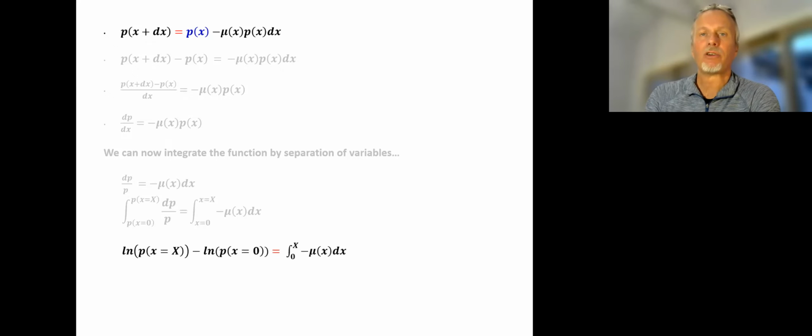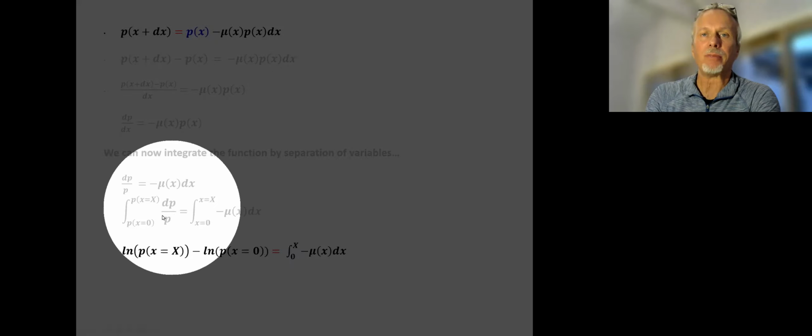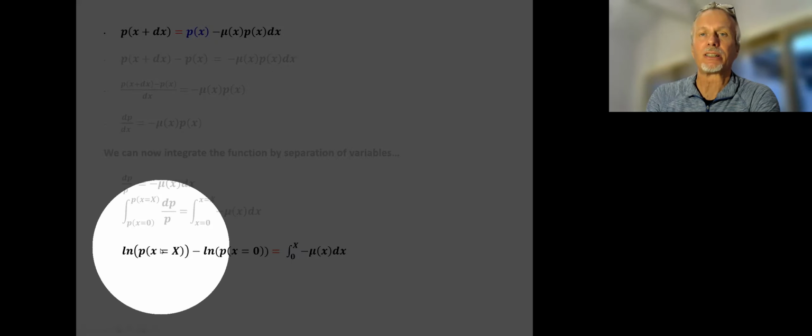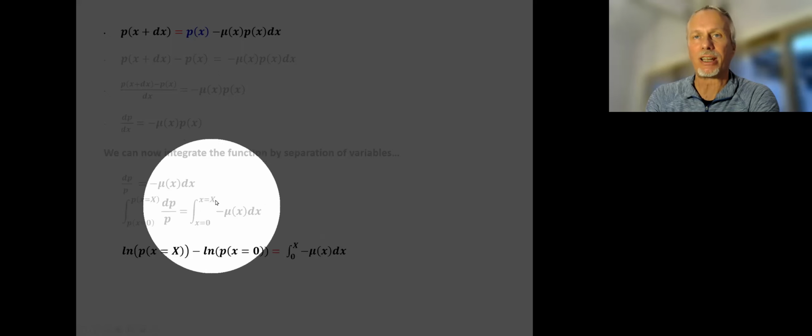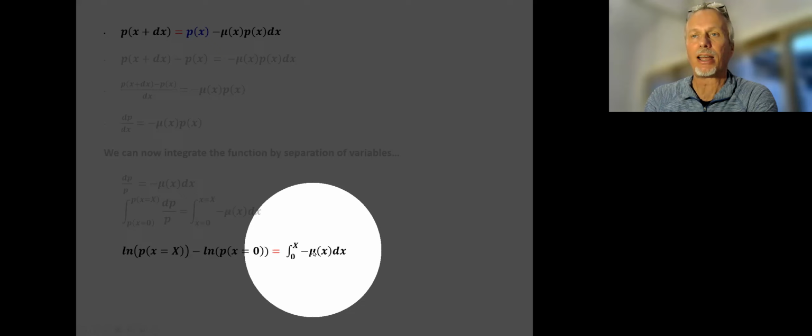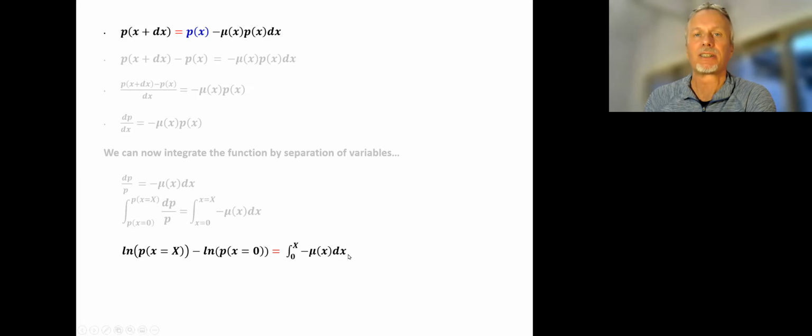And we know that the primitive is the logarithm of p of x, evaluated through the integration interval, and this is just minus the integral between 0 and capital X of mu of x dx.